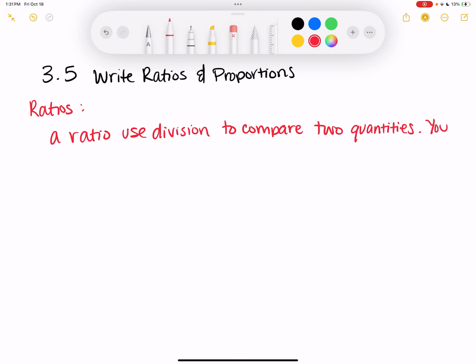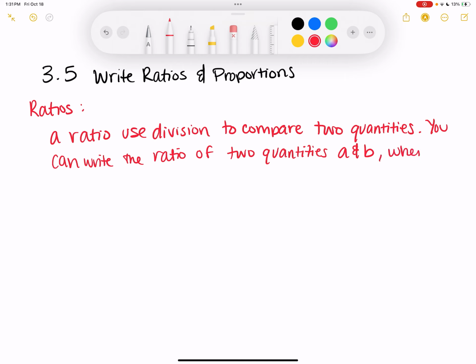You can write the ratio of two quantities A and B, where B is not equal to 0, in three ways.